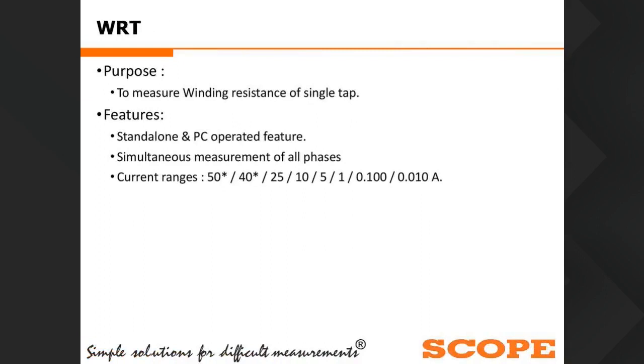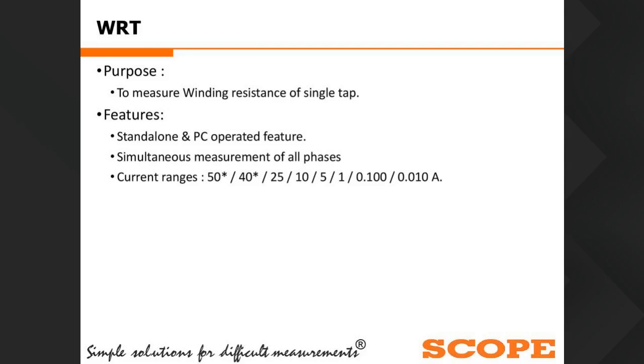So the WRT test we have added to measure the winding resistance of a single tap. With that mode, we can check the winding resistance of a single tap. This is a standalone test; we can do it with the instrument or through the laptop. Simultaneous measurement of all phases is possible for one single tap, that is, RYB phases of single tap winding resistance we can do.